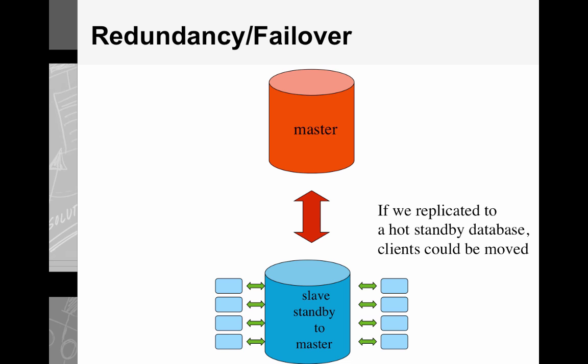When a database is in slave mode, it typically does not take any updates. You usually turn that feature off. Now, when you convert the slave or the standby to a master, it can start taking updates to the database. This allows you to give failover capabilities in a database. And different databases do this in slightly different ways. I just wanted to talk about this from a generic perspective.